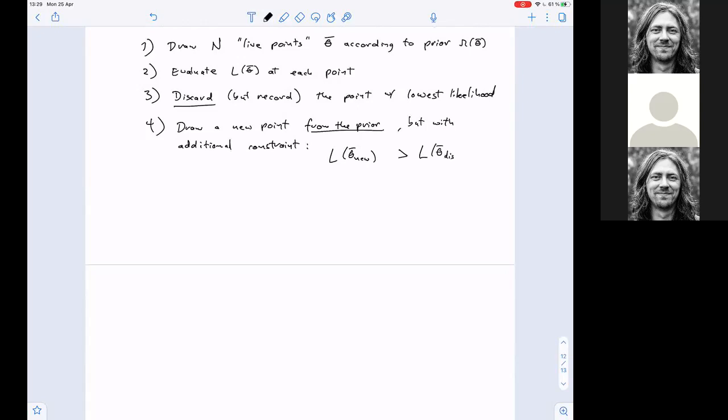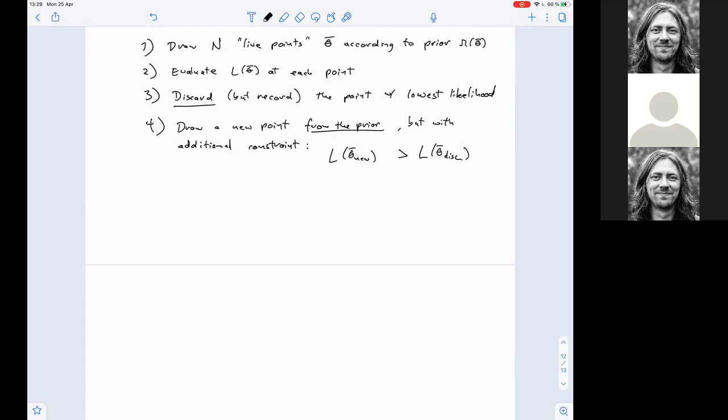I'm just going to call that L_disc. So that's the point you just discarded, right? So you're just saying, I'm going to take the worst point in terms of likelihood, and I'm going to sample a new point from my prior, but I will only accept it if the new point has a higher likelihood than the point I discarded.